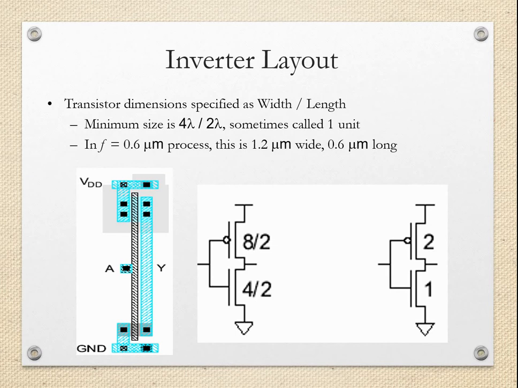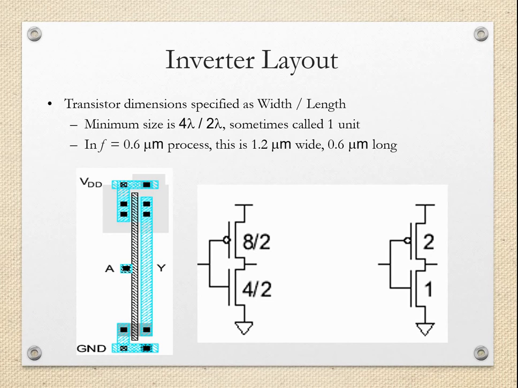So in the inverter layout, the transistor dimensions are specified as width upon length, that is also called the W by L ratio. The minimum size is 4 lambda by 2 lambda and sometimes it is also called a 1 unit size.